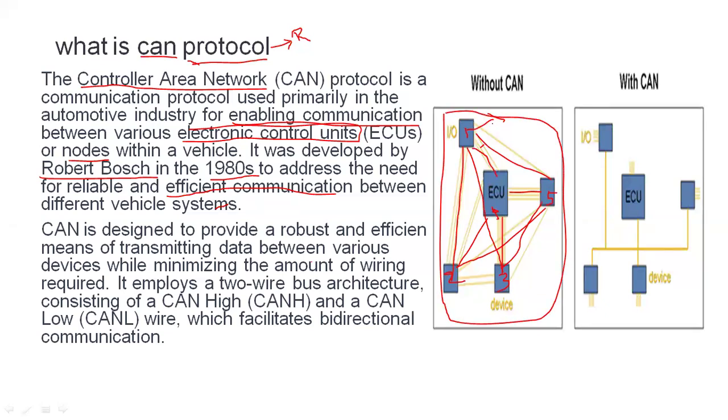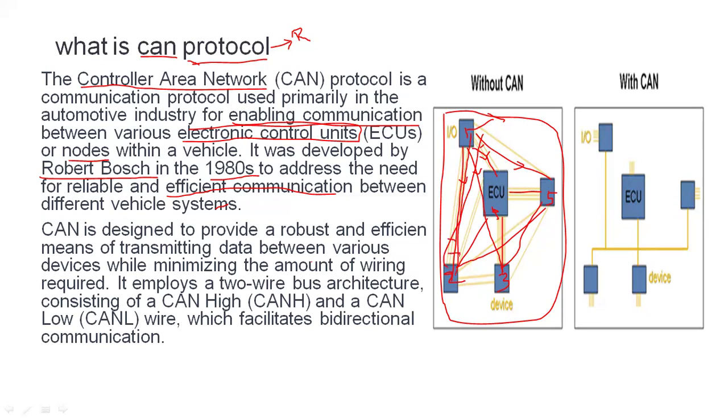It might cause failure of the whole device, because the communication goes from here to here. The communications are going on, but after that you also get the communication from these nodes.